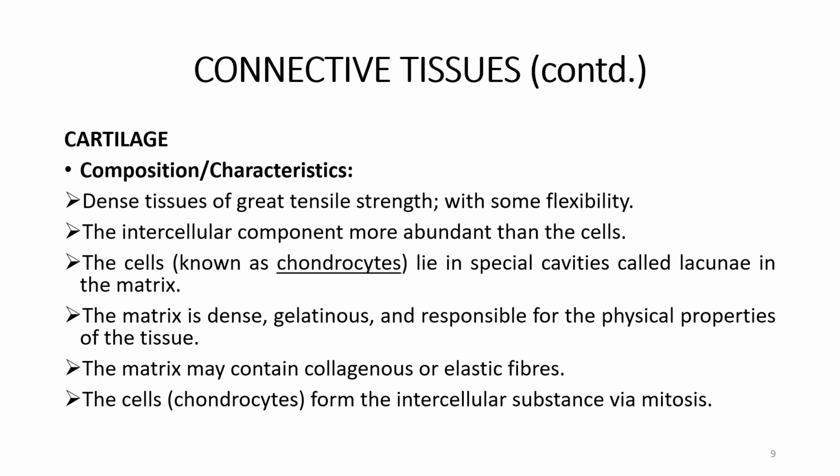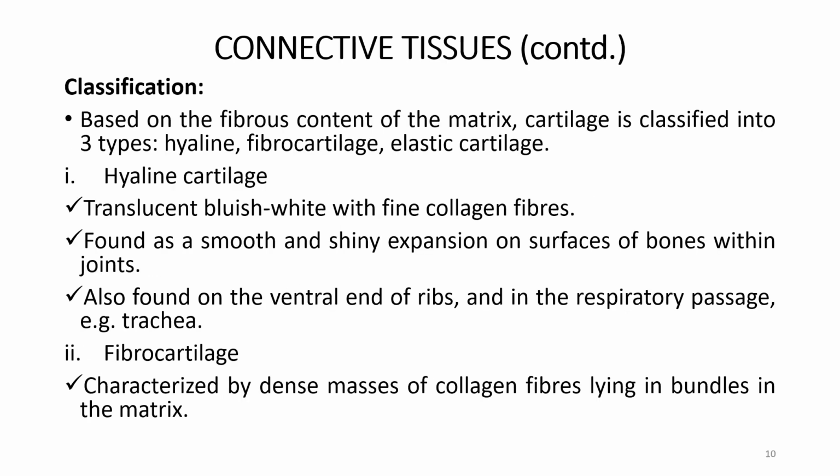The cells, chondrocytes, note that, lie in special cavities called lacunae in the matrix. The matrix is dense, gelatinous, and responsible for the physical properties of the tissue. This matrix may contain collagenous or elastic fibers. The chondrocytes form the intercellular substances via mitosis.